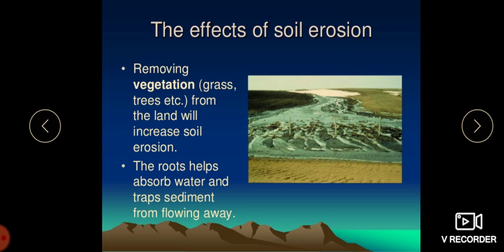What are the effects of soil erosion? There is a loss of soil fertility and a fall in agricultural productivity. It leads to silting and floods, and the river courses also change their direction, and there is a reduction in the capacity of the reservoirs.